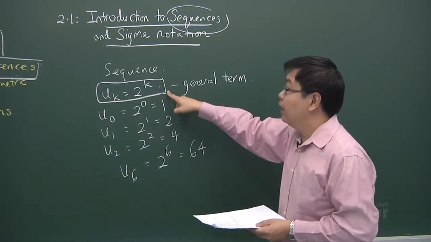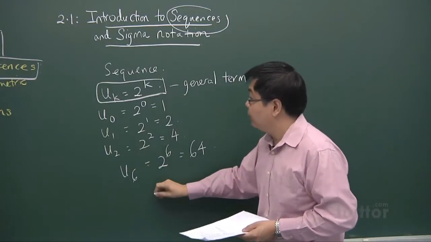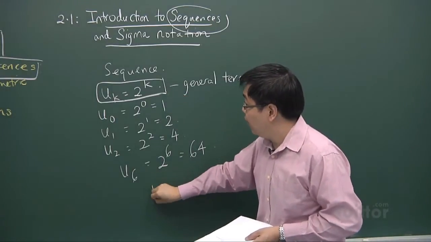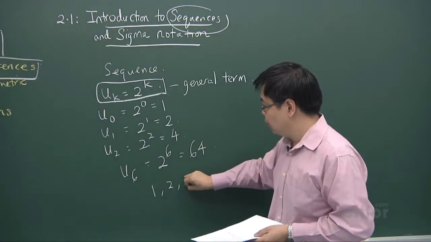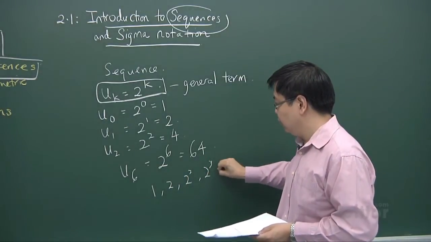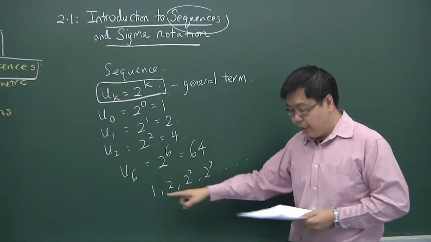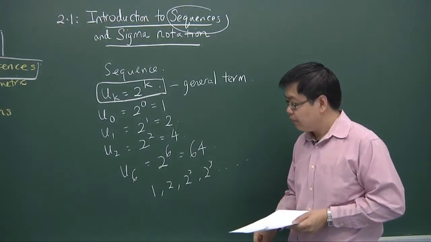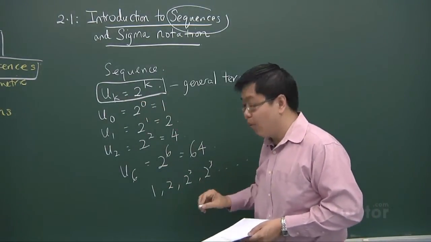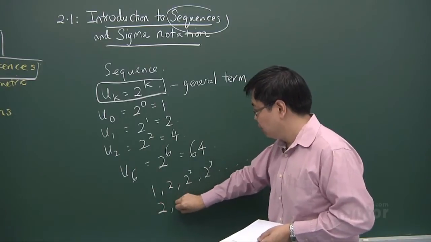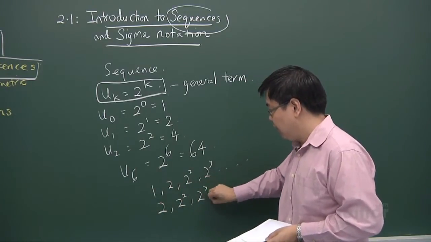So how are we able to list down these terms? In this general term, we can write down the sequence as 1, 2, 2 squared, 2 cubed, and so on and so forth, if you start your k at 0. Of course, if you start your k at 1, you can start with 2, 2 squared, 2 cubed, and so on: 2, 4.